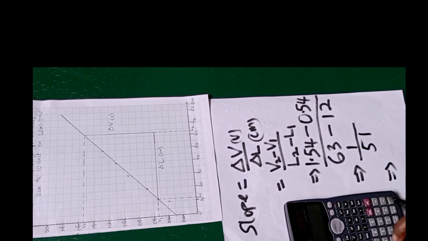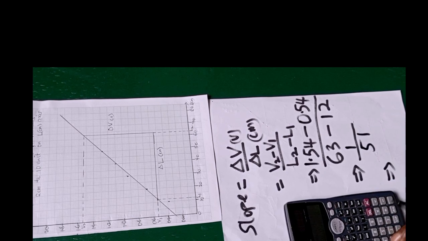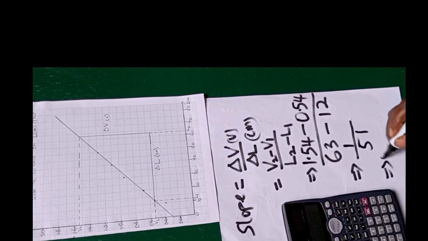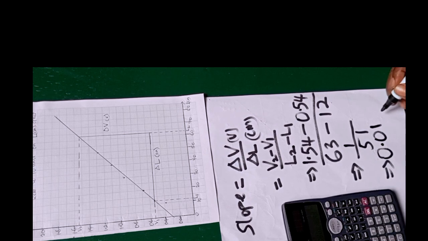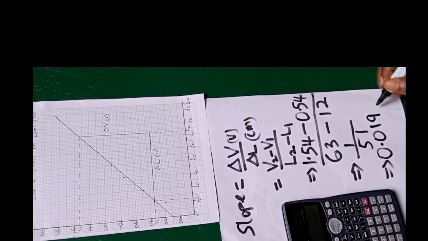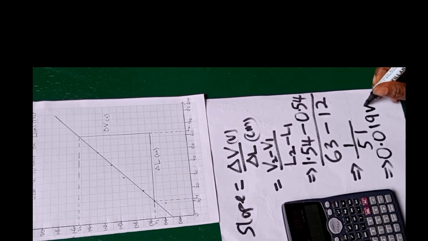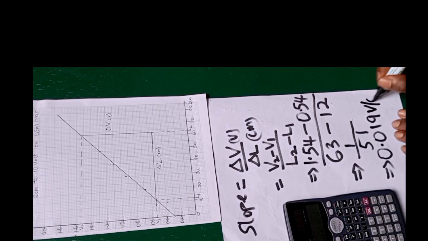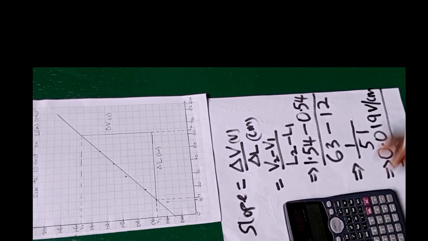By the time I divide 1 over 51, I'm going to have 0.019 volts per centimeter.